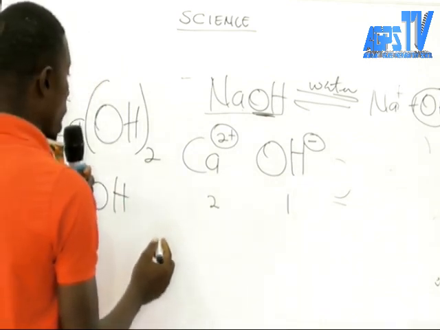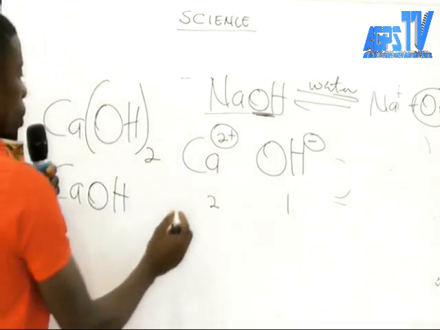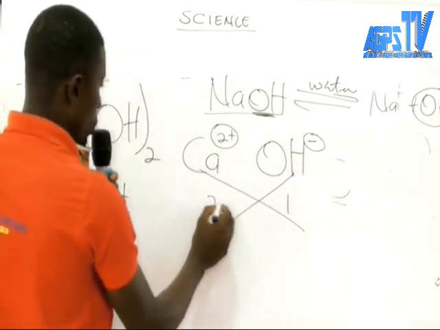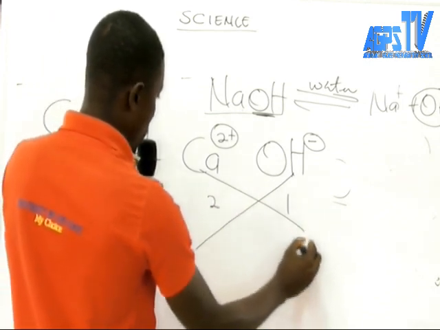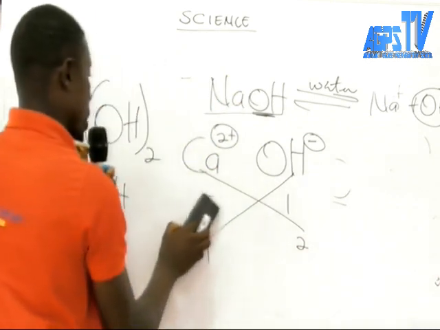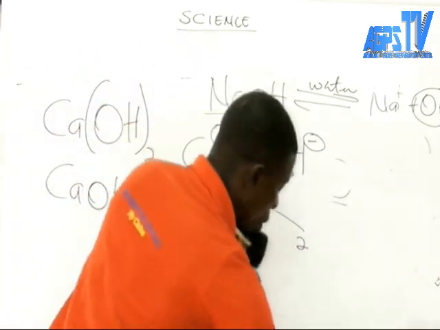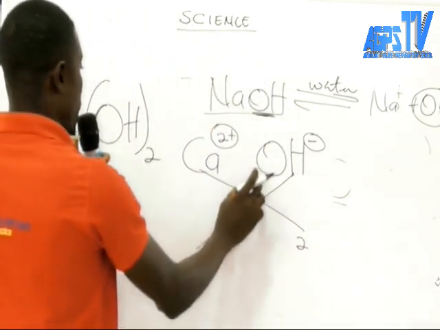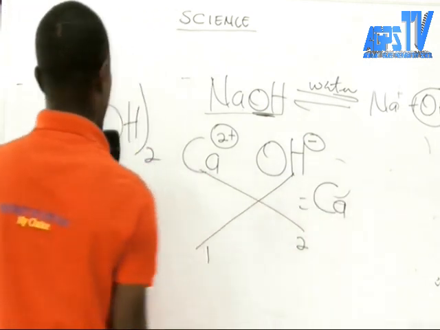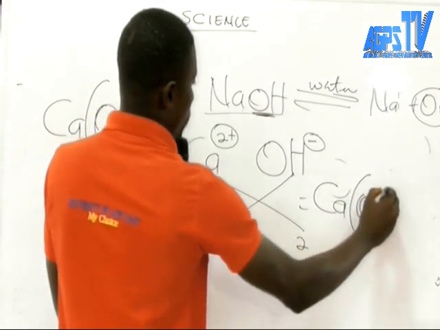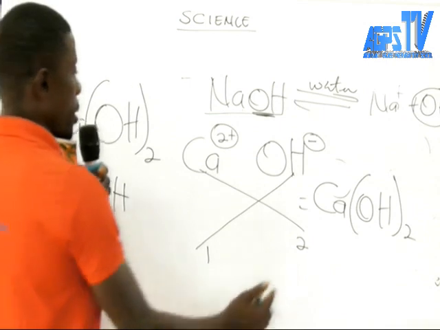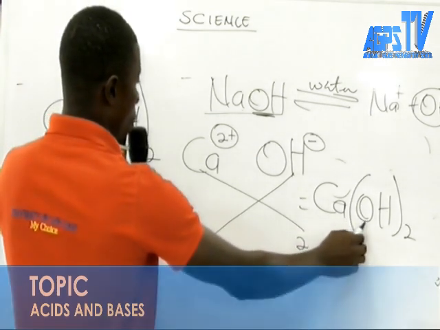So if you want to write a chemical formula, these 2 will go here, and this 1 will come here. So instead of writing the 2 here, you write it here, and the 1 here, you write it there. When you combine them together, you get Ca(OH)2.